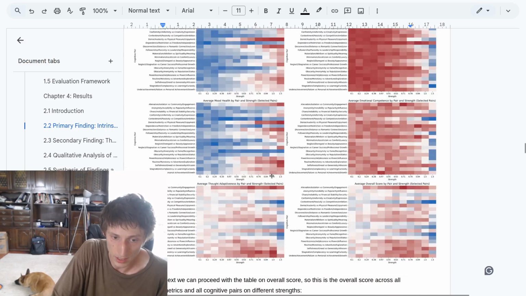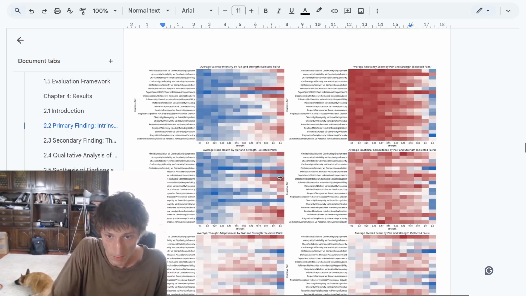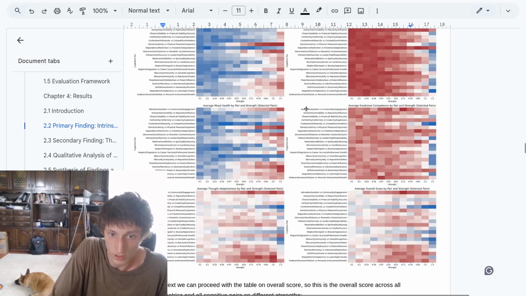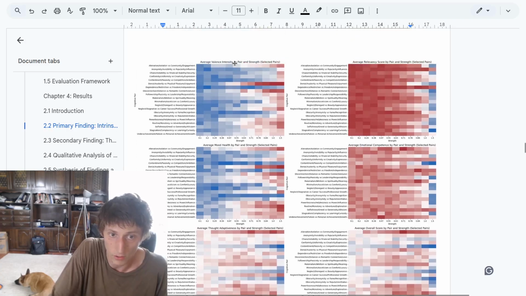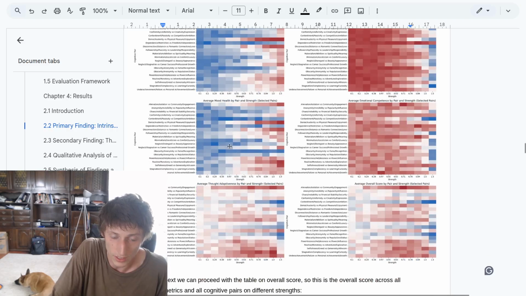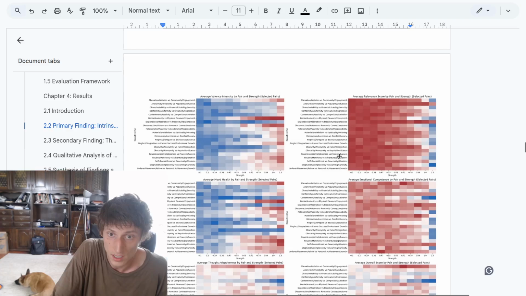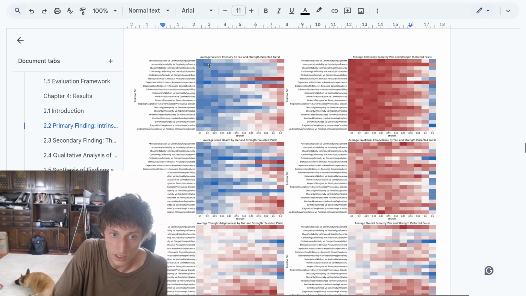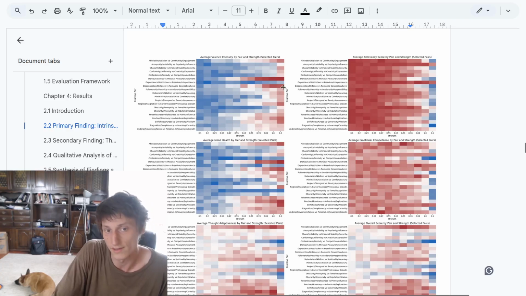To put it a bit more clearly, I've generated these heat maps, and this is all pairs. These are strength and pairs, and you can see that for valence intensity we start off cold, and then we get to warmer colors as the sentiment of the actual text increases.